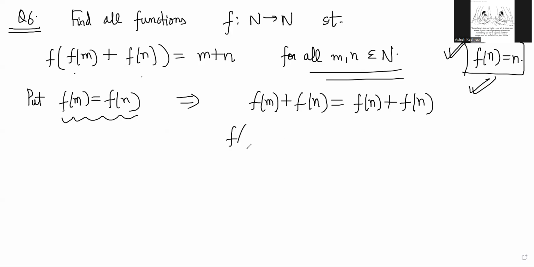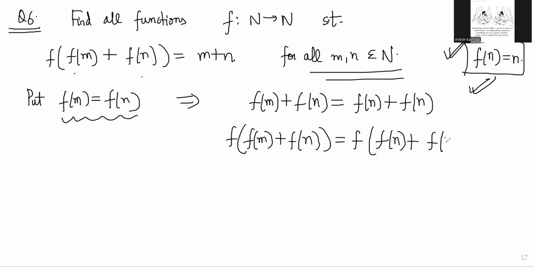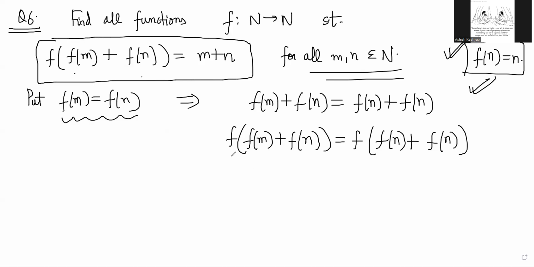And if I apply f to both sides of this equation, what I'm getting is f of f of m plus f of n equals f of f of n plus f of n. And now using the relationship given here, this thing will be m plus n and this thing would be n plus n. So n gets cancelled from here, m is equal to n.